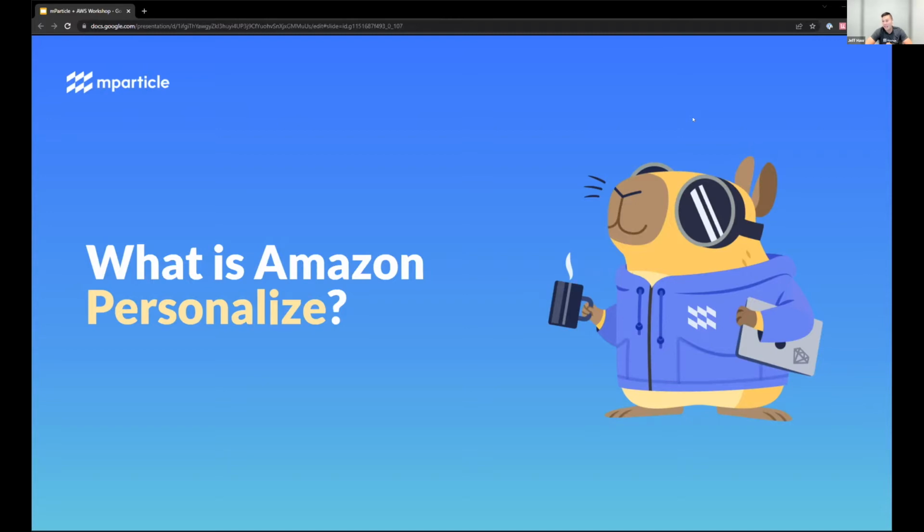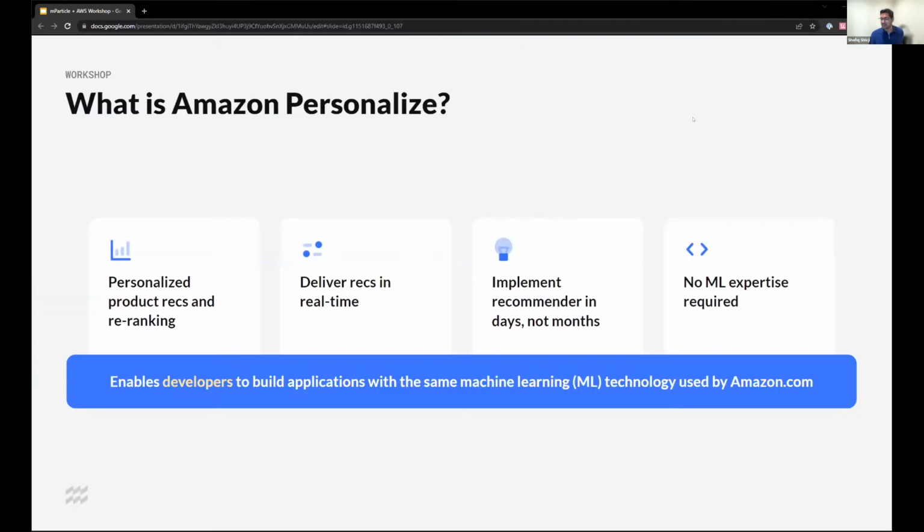And that's for them, allowing them to basically provide better and relevant product recommendations that suit your recent product searching history activities. Bingo. So what is it at a high level to summarize? It really enables developers to be able to build applications using the same ML technology used by Amazon.com. So that's a very powerful ability.